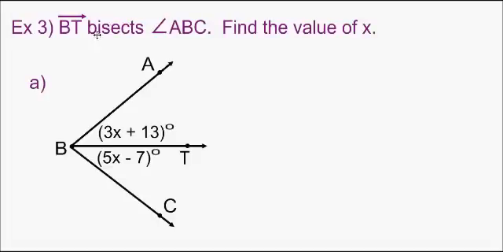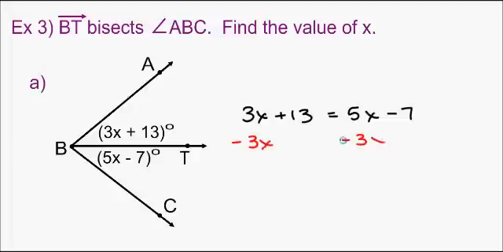Example 3, ray BT bisects angle ABC. Find the value of x. So you see that BT is the angle bisector. That means that these two angles are congruent. Since they are congruent, set their measures equal to each other. And then we're just going to solve this equation. So subtract 3x from both sides.